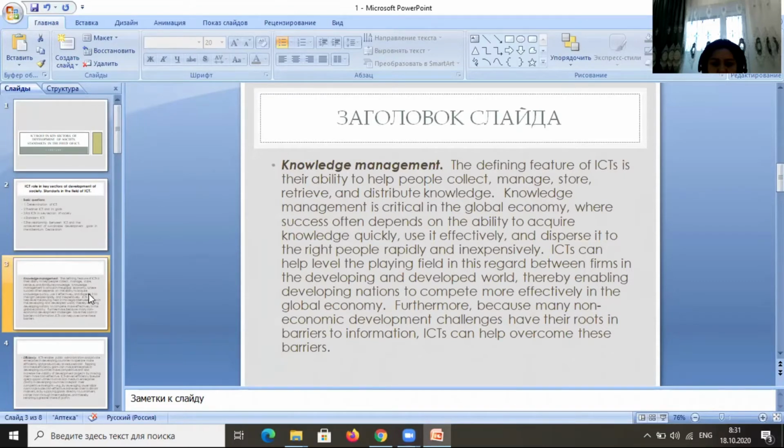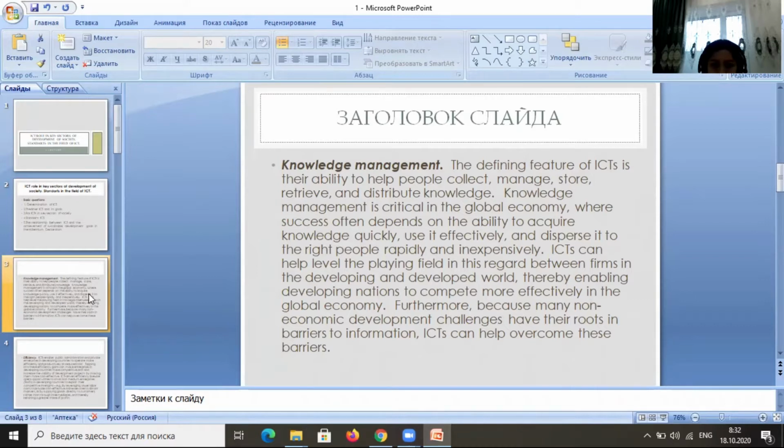ICT can help level the playing field between firms in the developing and developed world, enabling developing nations to compete more effectively in the global economy.